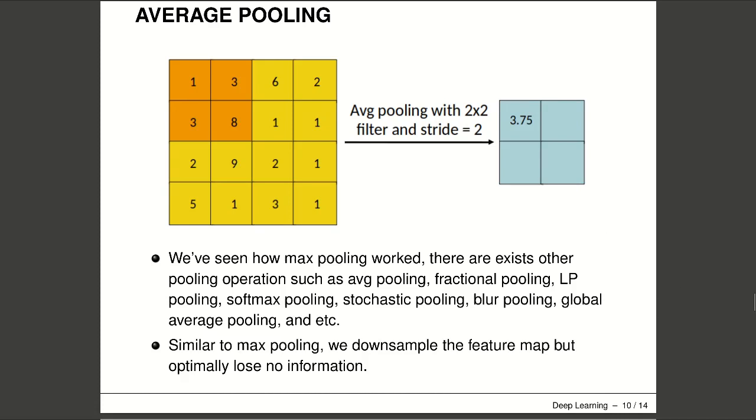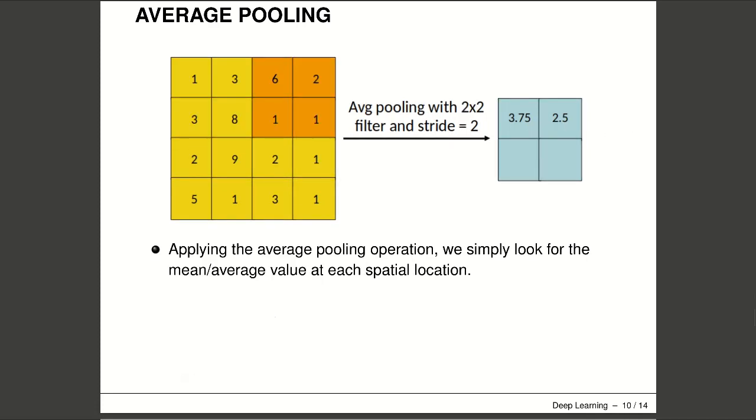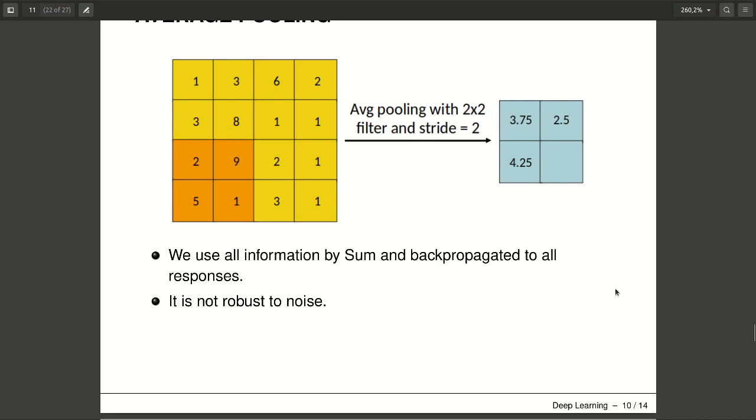In the case of average pooling, similar to max pooling, we also downsample the feature map, but here we calculate the average information of each window. As you can see here, we get the average of this window, which is 0.75, and then we move it to the feature map. Similarly for the second window and also for the third one.